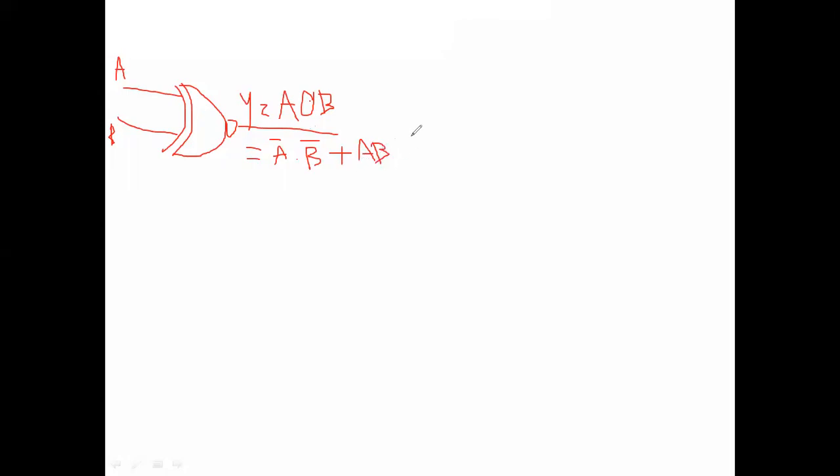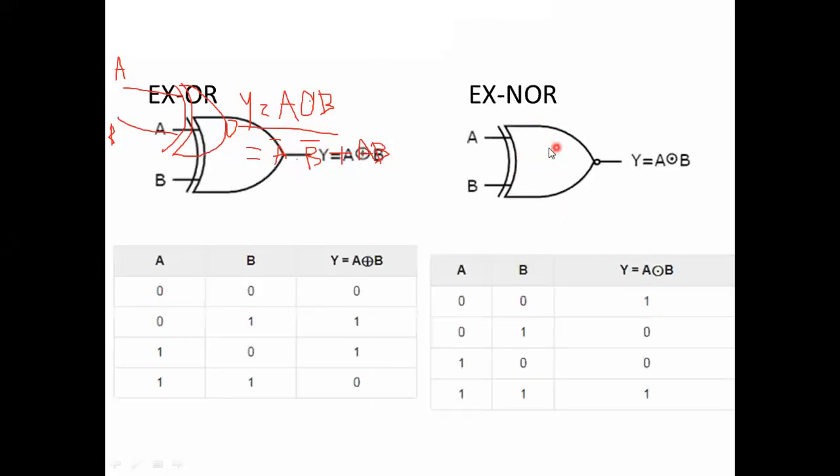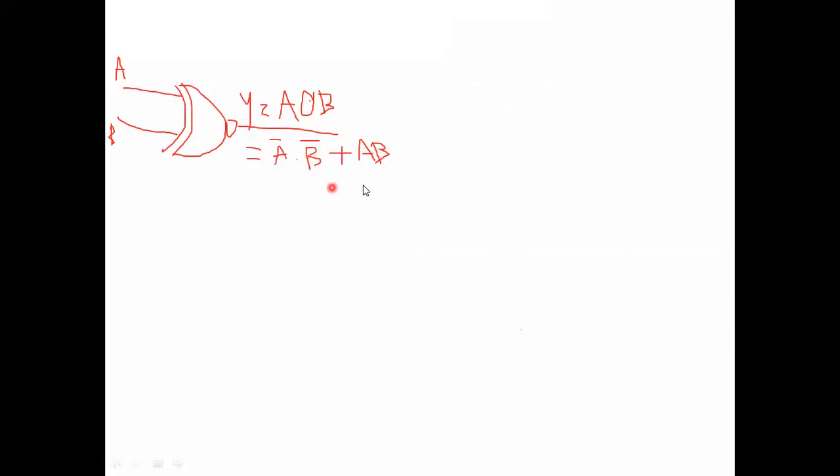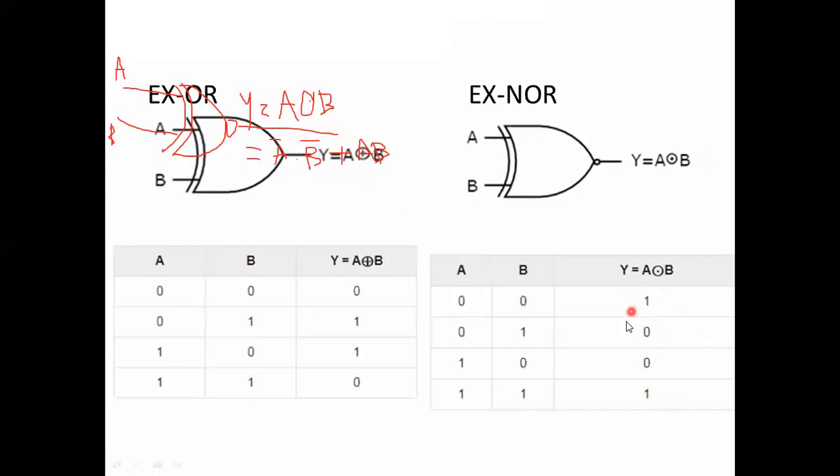We are justifying by using the truth table. Actually, the exclusive NOR gate truth table is 0 0 1, 0 1 0, 1 0 0, 1 1 1. Here we are taking this expression. For this expression also we are getting the same outputs. Then we justified that. Okay, Amma.